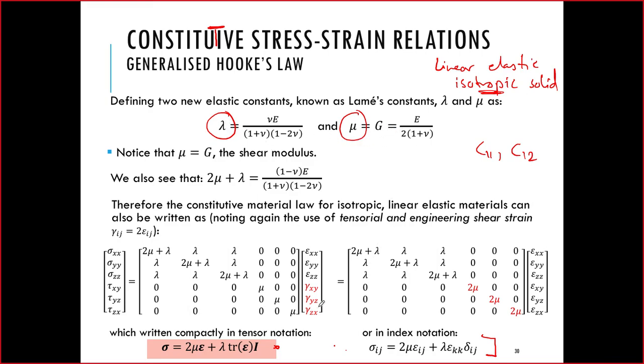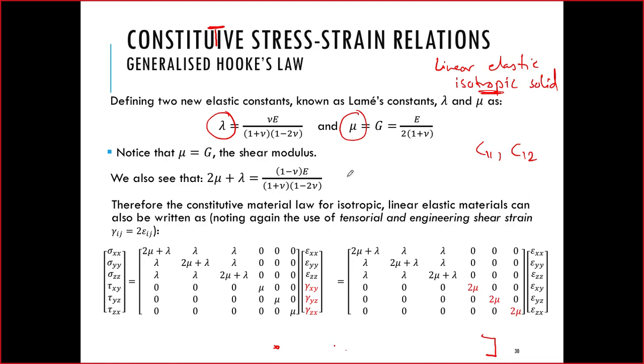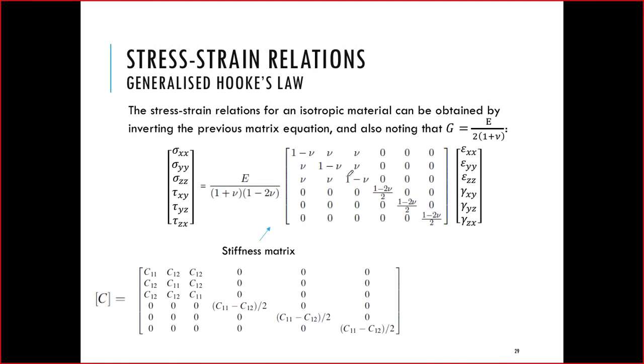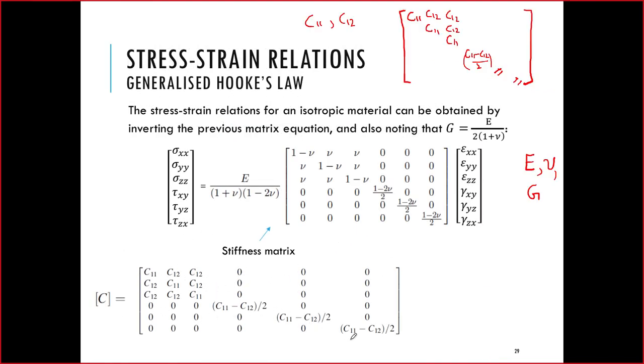All that requires is that we write our generalized, that is the 3D, Hooke's law in terms of those elastic constants. Now as you can see, in C11, C12 it was this one, but this expression cannot be written down in tensor notation compactly. Whereas with Young's modulus or Poisson's ratio it is this, and I think you can see that this is not so straightforward.